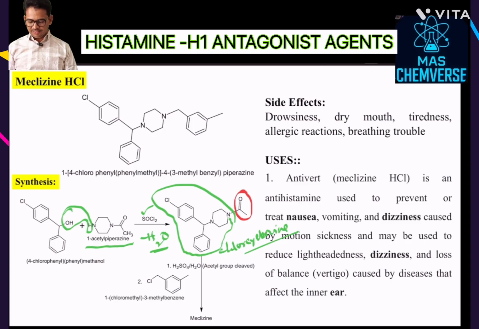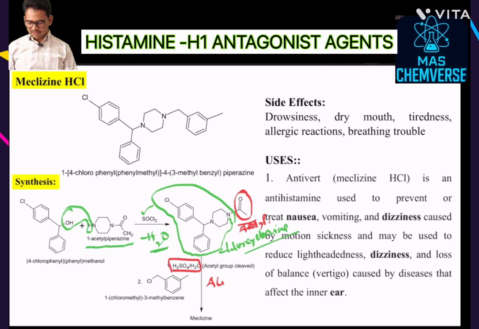Acetyl group is the only difference. This acetyl is the only extra. When treated with this acetyl piperazine, it produces the acetyl derivative of the chlorcyclazine. Okay, remember that. Then after that it undergoes the process of acid hydrolysis.